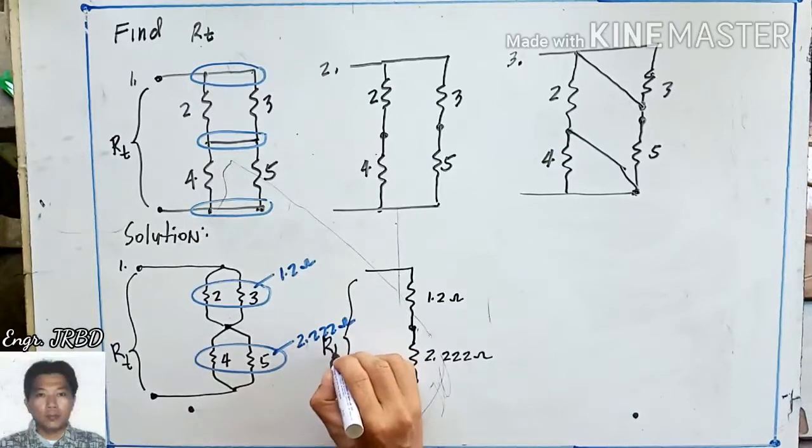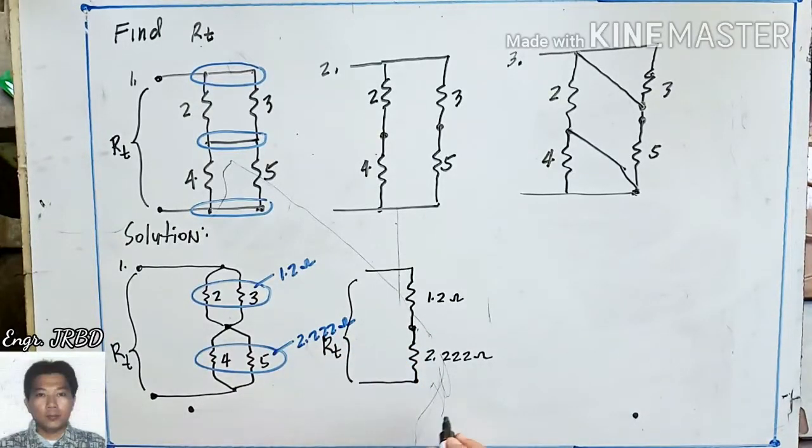This is your total resistance. So the total resistance is 1.2 plus 2.222, which is equivalent to 3.422 ohms.